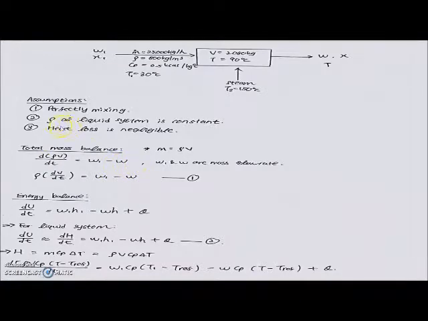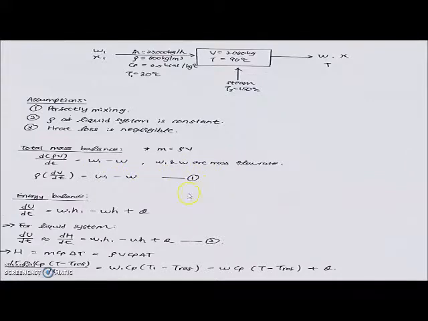Since we know that the density is constant, we can factorize it out. We can move the rho out of the derivative, which becomes this equation: rho dV/dt equals the mass flow rate of inlet minus the mass flow rate of outlet. So this is my first equation.